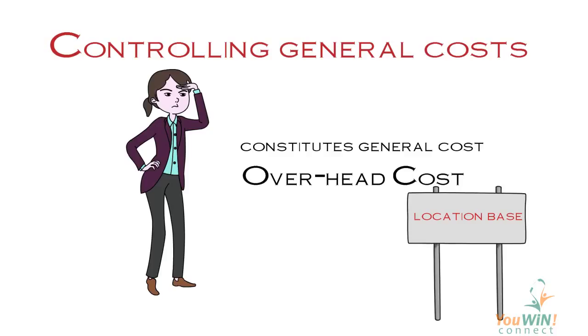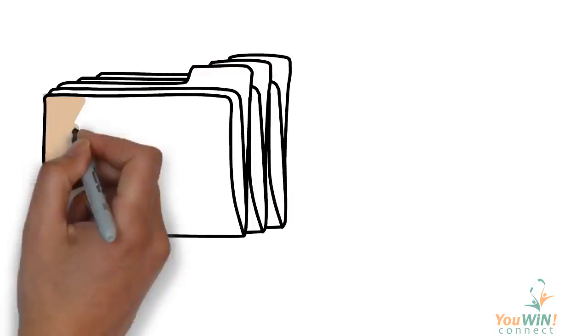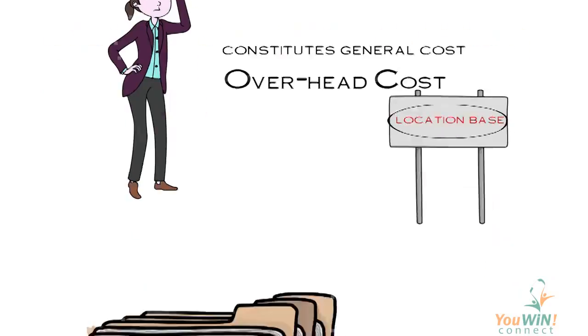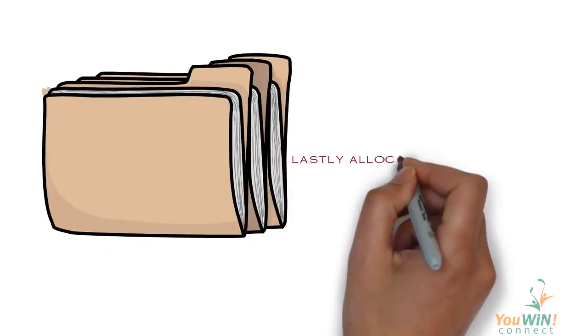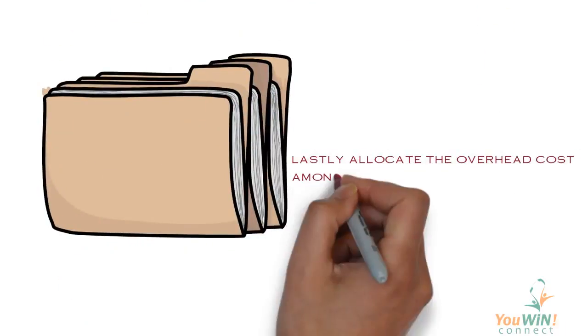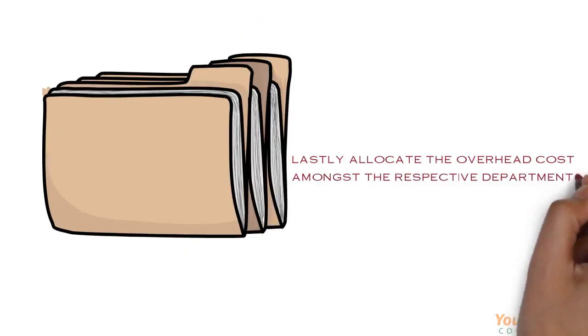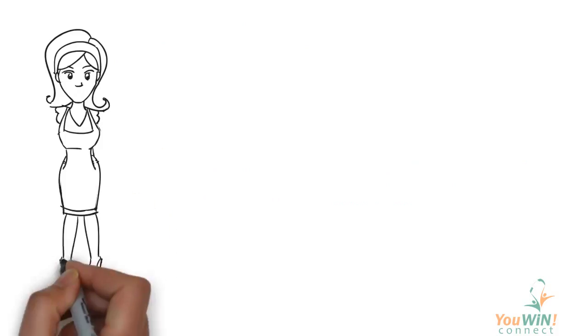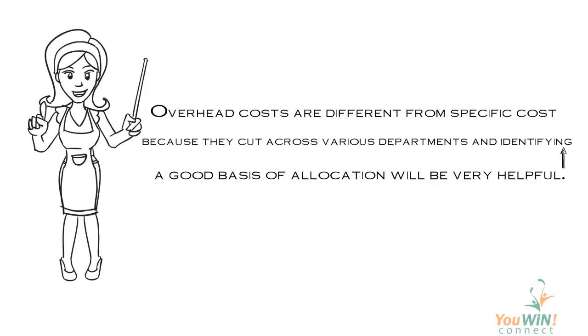In order to achieve this, you need to collect data on the allocation base and lastly allocate the overhead cost amongst the respective departments. Overhead costs are different from specific costs because they cut across various departments, and identifying a good basis of allocation would be very helpful.